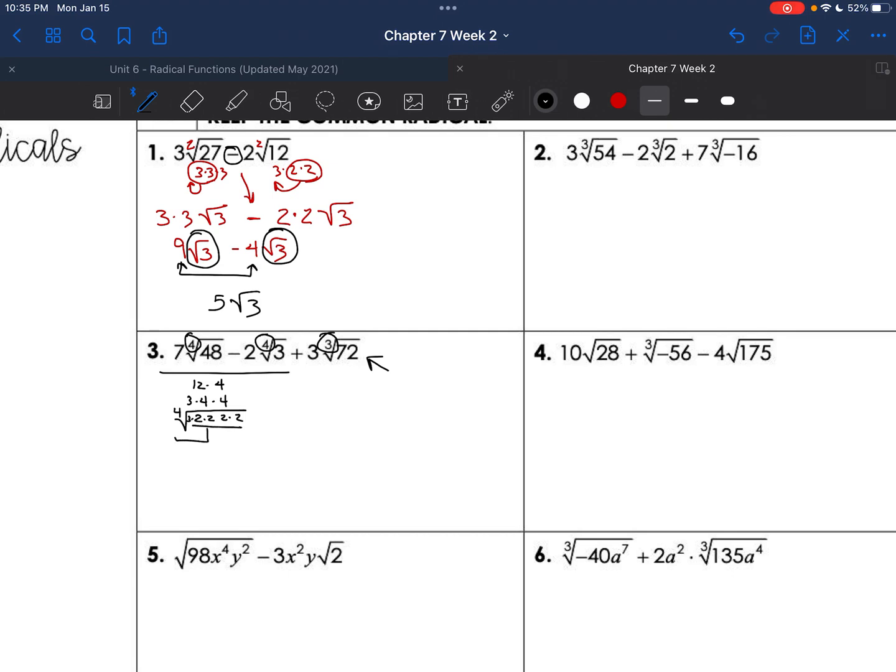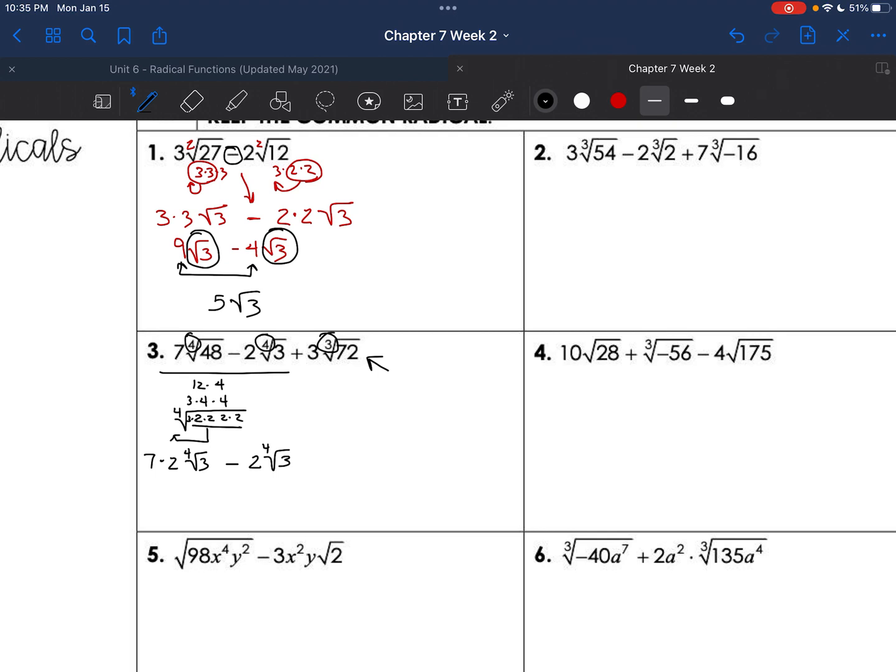I have 4 2s, so they can escape. So I have a 7 from the original, and now I have a 2 4th root of 3. So it's important that we keep that 4 in that index spot. Okay, now I have minus 2 4th roots of 3.